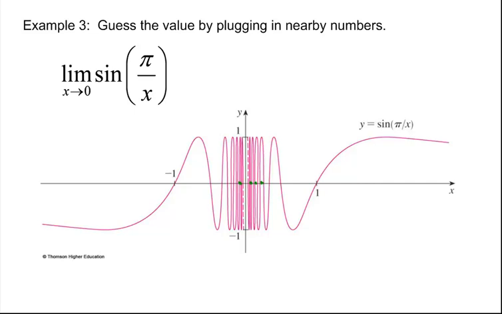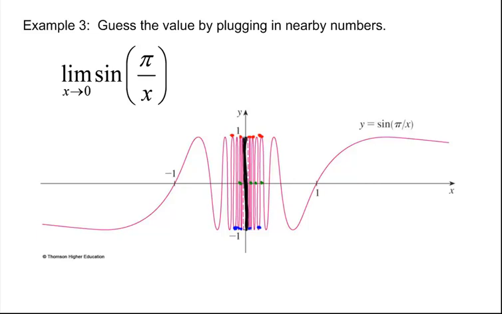But that was just kind of a coincidence, because we could have chosen to plug in numbers that would have all given us 1. We could have chosen to plug in numbers that would all give us -1. And in fact, we could get as close as we want to any number here between -1 and 1.